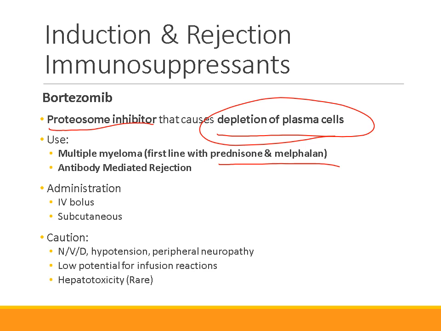However, bortezomib is also being used for AMR, right? Antibody-mediated rejection. Now again, this would not work for acute cellular rejection because it's not affecting T cells. But again, in antibody-mediated rejection, this works on the already sensitized B cells that have already differentiated into plasma cells.